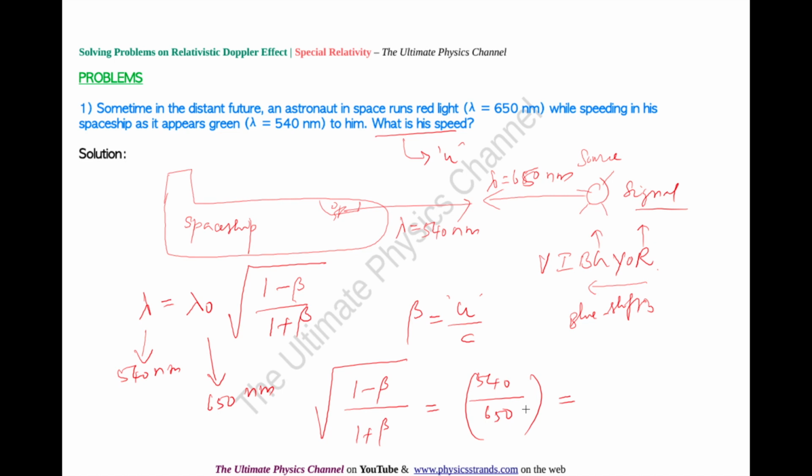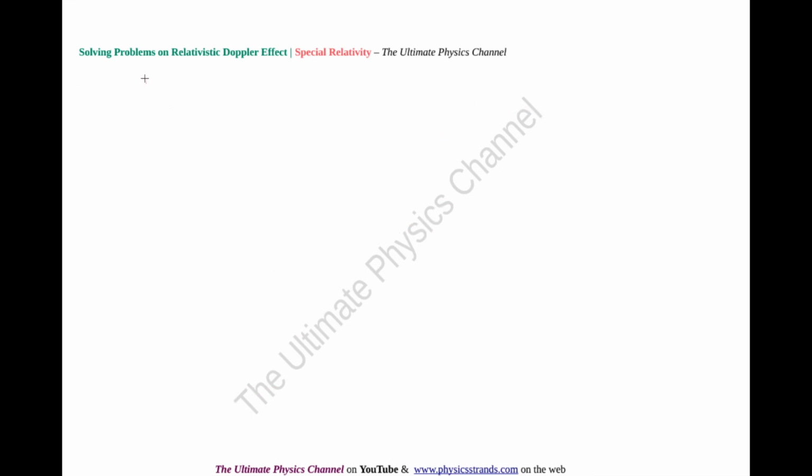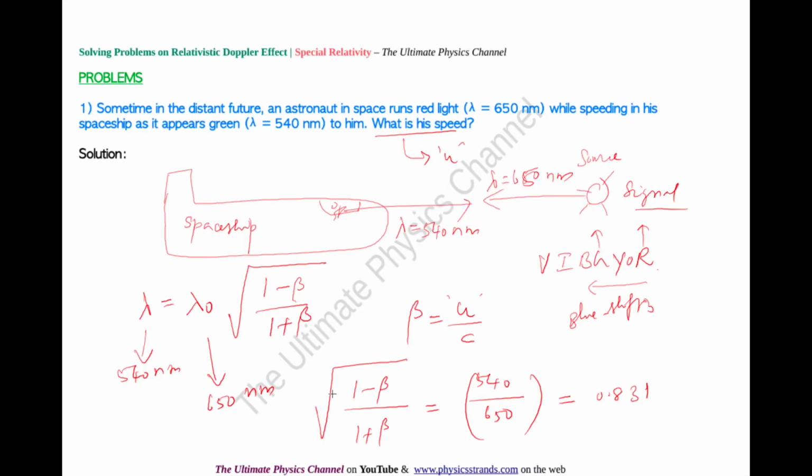540 over 650 is 0.831, let's say. So go to the next page. Square roots we have to do. So 1 minus beta over 1 plus beta, sorry, 1 minus and plus.